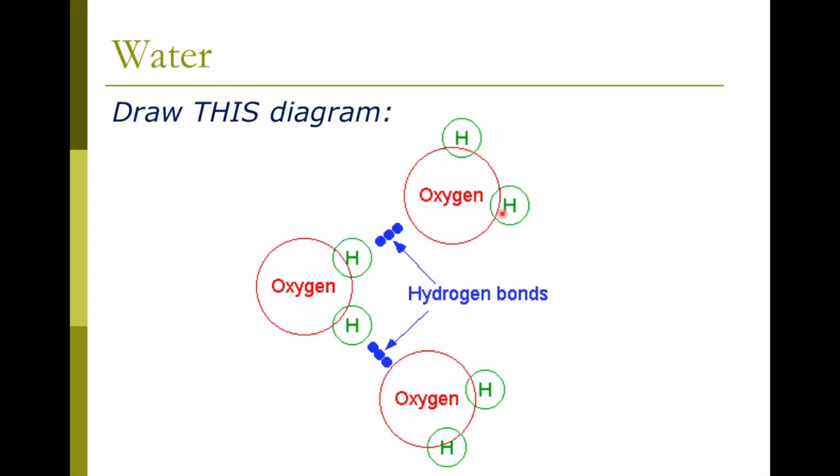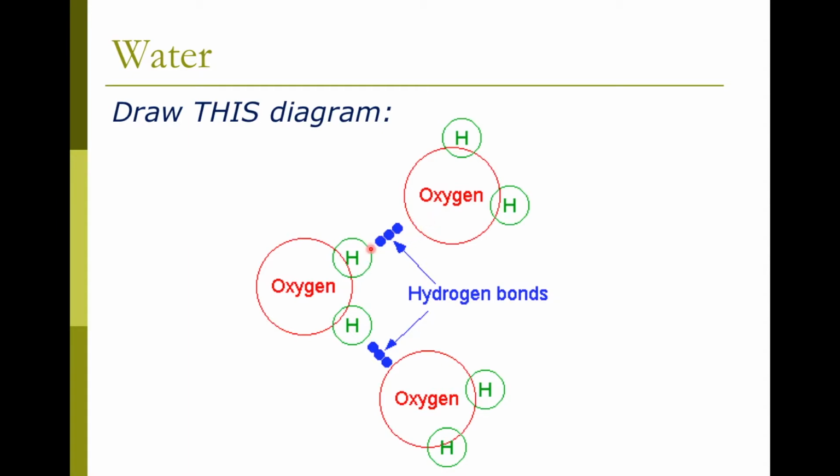I'll show you a picture. So you have two different water molecules right here, or three different ones. And the oxygen is actually going to align itself facing towards the hydrogens. Hydrogens align themselves facing towards oxygen.